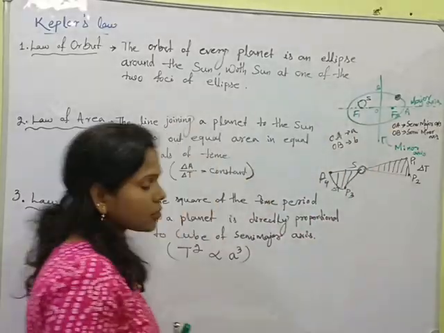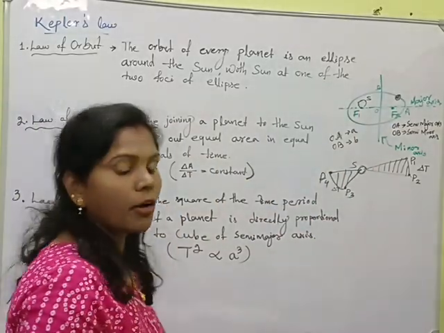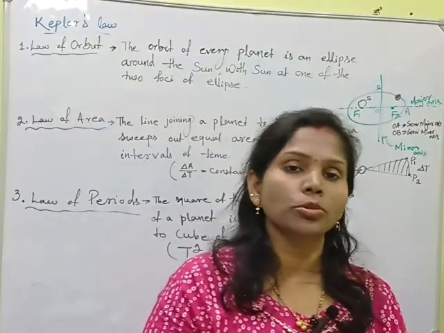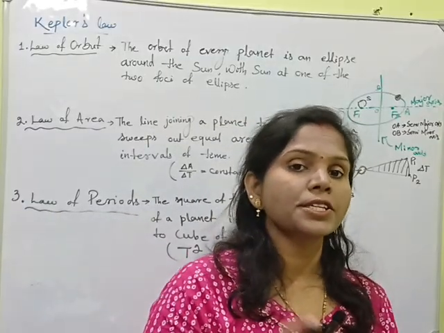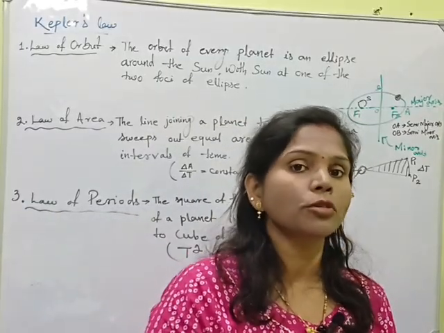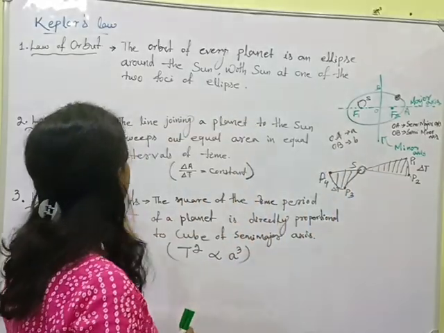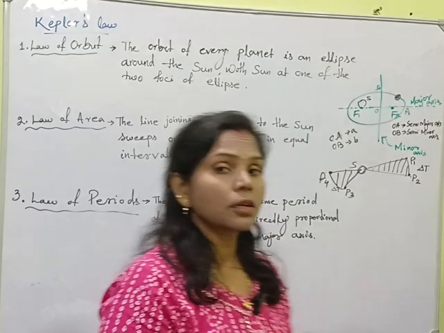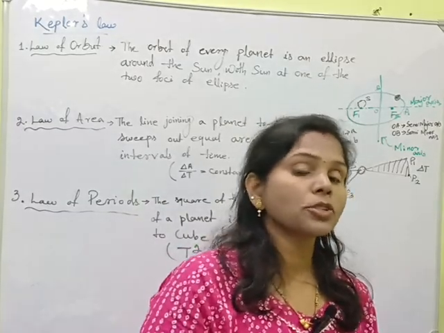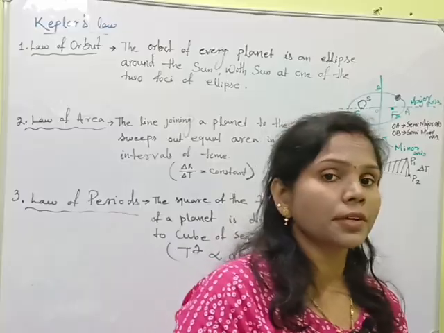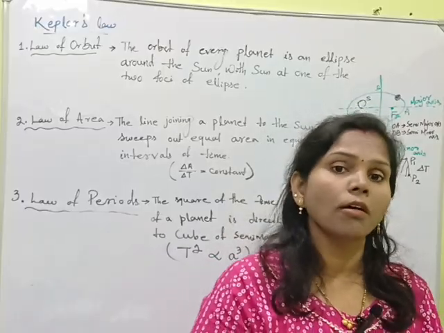So according to the law of period, the time period is related to the semi-major axis: T squared is proportional to a cubed. This is about Kepler's laws, and based on Kepler's laws, Newton derived the universal law of gravitation.